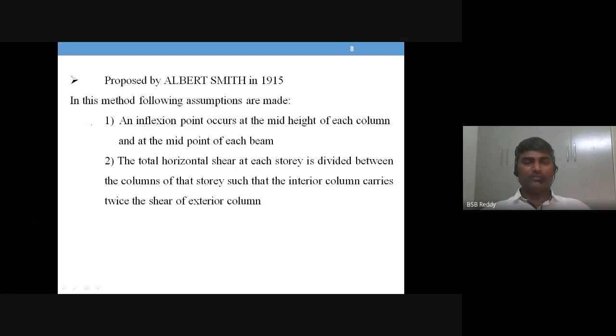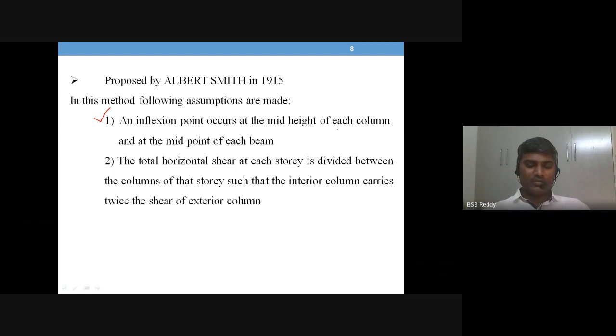We already know the first assumption, but I'll repeat it here. Assumption 1: an inflection point or point of contraflexure occurs at the mid height of each column and at the midpoint of each beam.